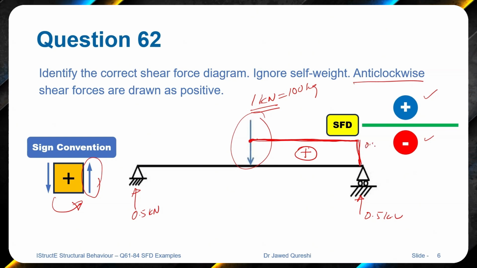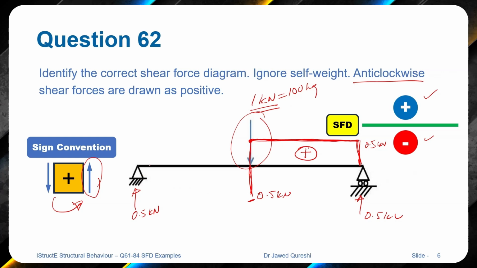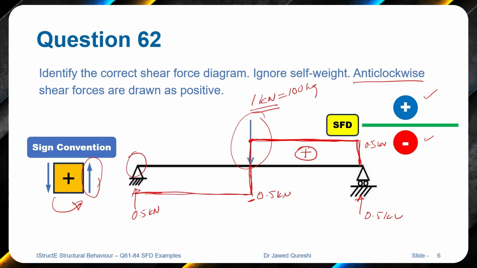This is 0.5 kilonewton. 0.5 take away 1 kilonewton will give me negative 0.5 kilonewton. So this is 0.5 kilonewton but minus, and there is nothing applied between this pin support and the point load, so this will go straight until you reach a reaction, and here you will have a negative sign, and at this point you have a reaction of 0.5 kilonewton, and that will bring it to the baseline.